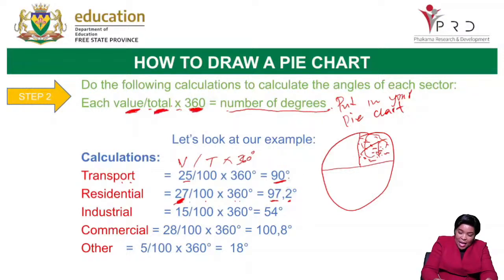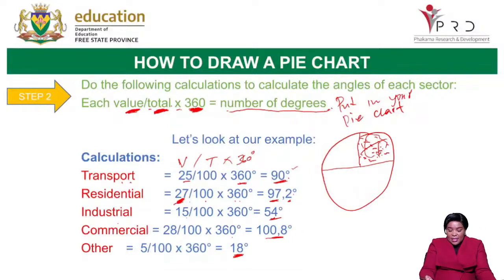It will give you those values converted now into angles. So you see the answers are written in degrees because you were multiplying by 360 there. The industrial sector will give us 54 degrees. Then the commercial sector will give us 100.8. Then other sectors will give us 18.